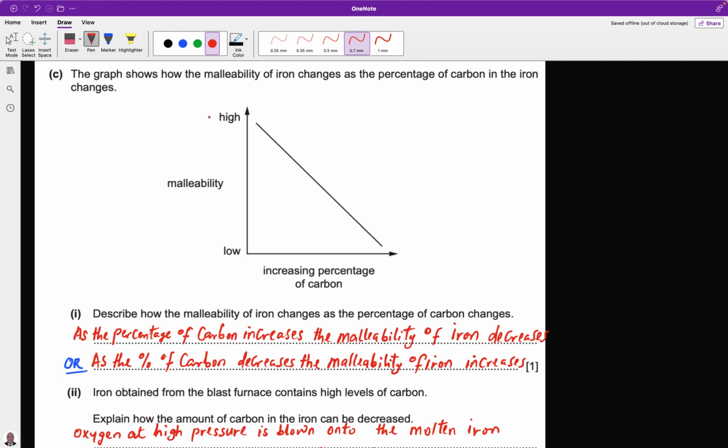Describe using the malleability. The graph below shows how the malleability of iron changes as the percentage of carbon in the iron changes. Malleability is plotted against increasing percentage of carbon. Describe how the malleability of the iron changes as the percentage of carbon changes.